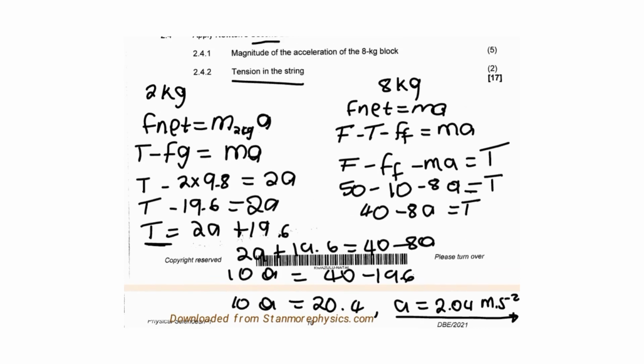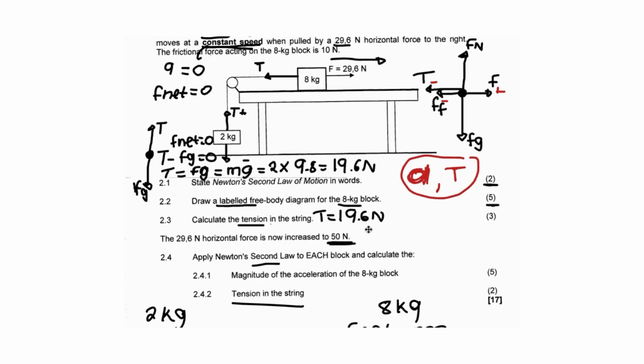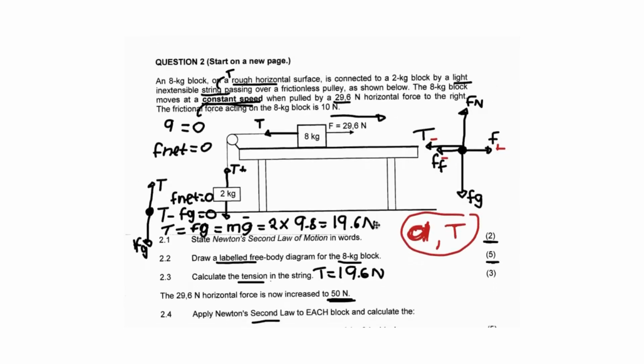This question is 7 marks. So you do simultaneous equations most of the time when you have a string that attaches 2 objects. Those objects share the same acceleration, and because they are on the same string, they also have the same tension, meaning the 2 unknowns in your simultaneous equations are your acceleration and your tension. Okay, so this is it with Newton's second law.